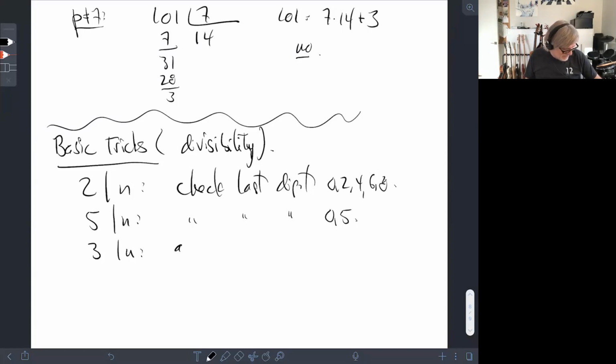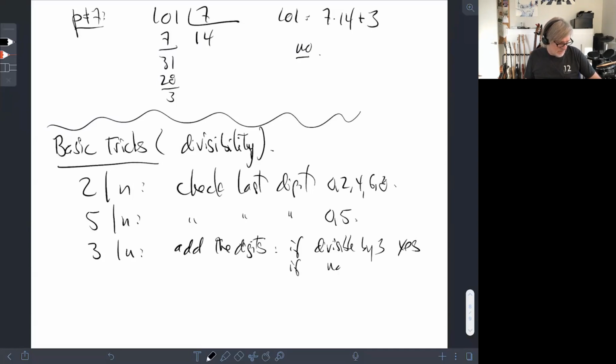So add the digits. If divisible by 3, yes. If not, no. So for example, 101: the sum of the digits is 2, not divisible by 3, so the answer is no.